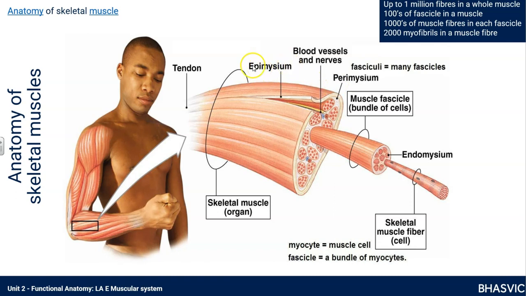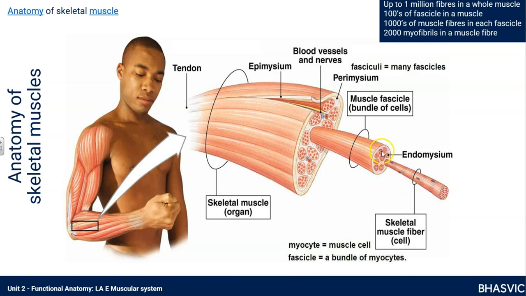So we've got epimysium around the outer whole muscle, perimysium around the bundle of muscle fibers. Now we've got a posh name for the bundle of muscle fibers, and it's called a fascicle. So this is a muscle fascicle, which is another name for a bundle of muscle cells, muscle fibers. Now, this bundle here has had one muscle fiber extracted.